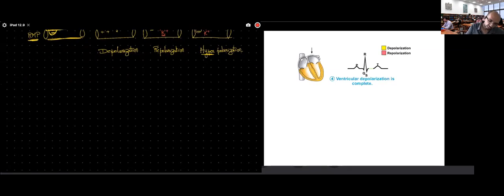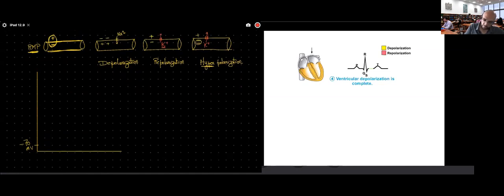So if I'm drawing this on a graph here, if I'm starting, let's say, as a nerve, at negative 70 millivolts. So the first phase, inside becomes more positive. So here I was negative 70 millivolts.